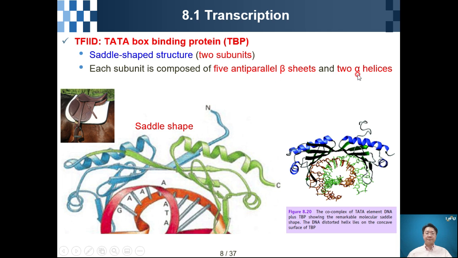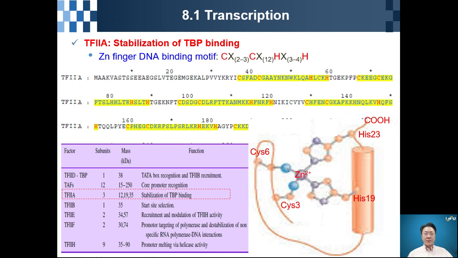In this slide, I will explain the transcription factor 2A function and structure. Transcription factor 2A does not belong to the pre-initiation complex, but it has a special function. Its function is stabilization of the TATA box binding protein, or TBP binding.